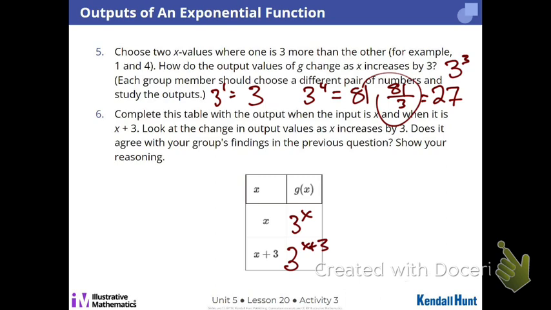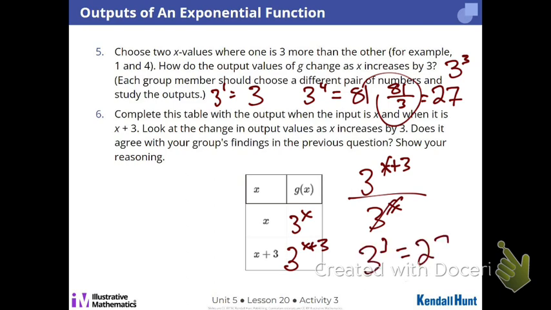It doesn't matter what our first one is. And when we do this division, what should we get? 27. 3 times 3 times 3. Well, let's check it out. 3 to the x plus 3 divided by 3 to the x. One factor in the exponent of x would cancel. And we're left with 3 cubed, or 27.